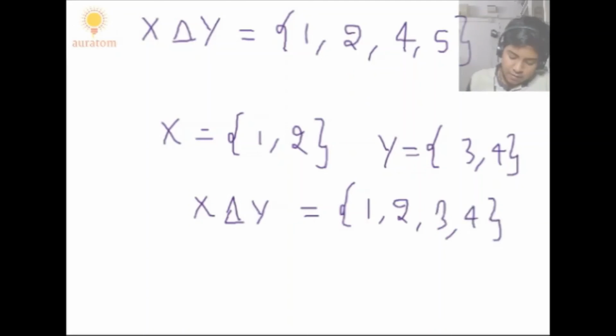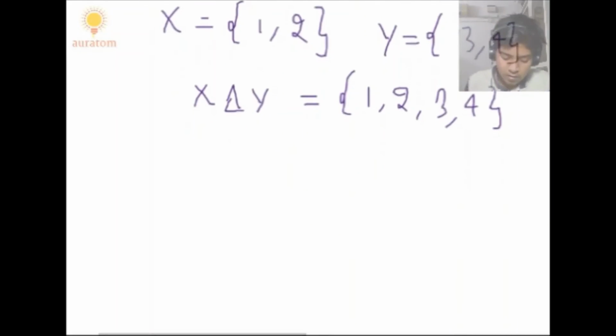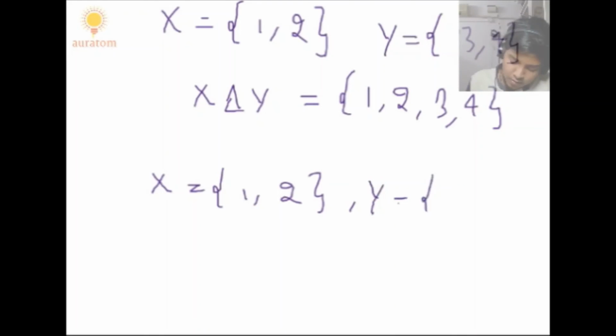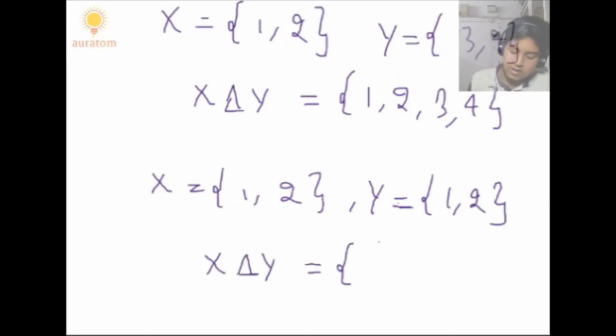And if x and y are equal or equivalent sets, I will show an example. If x is 1, 2 and y is also 1, 2, where there are no non-common elements of x and y, then the set x delta y will be an empty set, right?